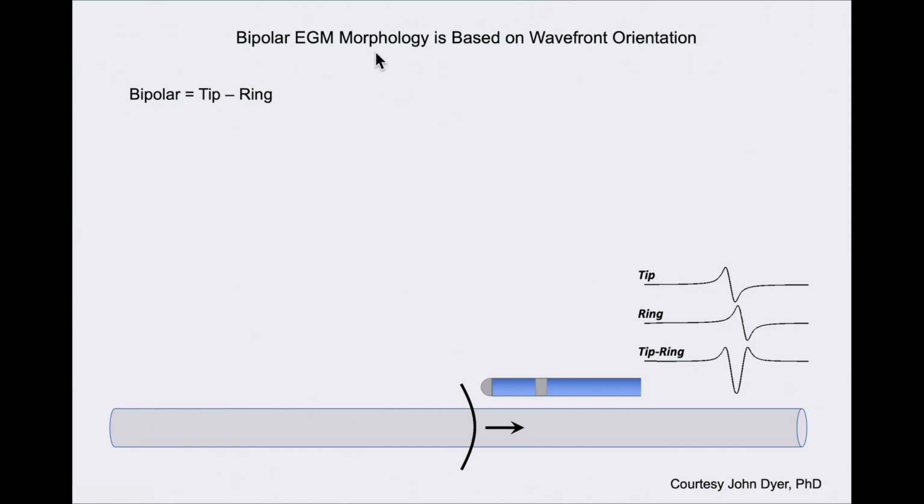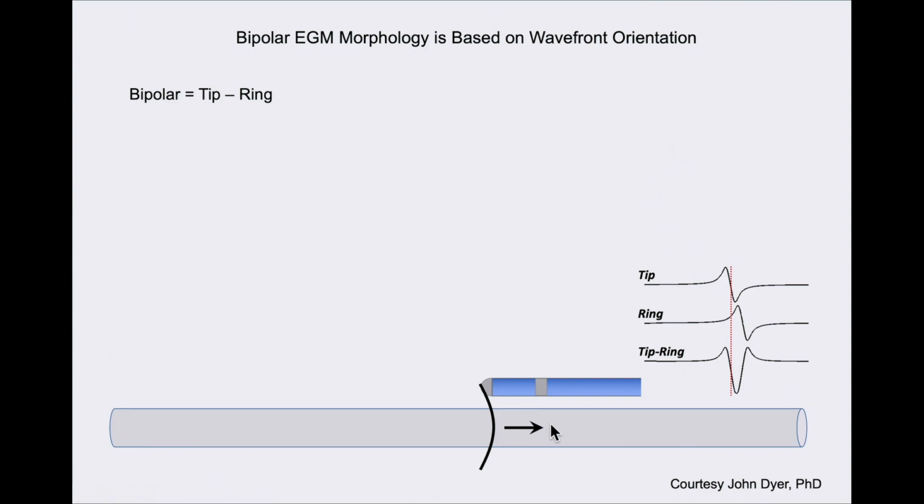So, as I mentioned, the bipolar morphology is based on wavefront orientation. For instance, if the wavefront is moving in this direction, it will cross the distal electrode first. When it does, the bipolar electrogram will reflect the distal unipolar electrogram, and you'll see the first rapid component will be a downstroke.